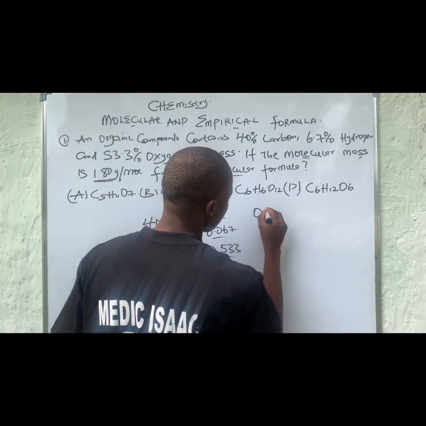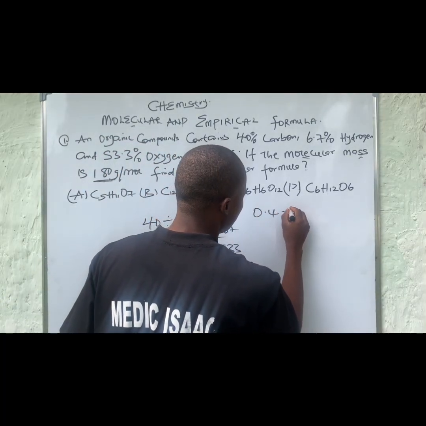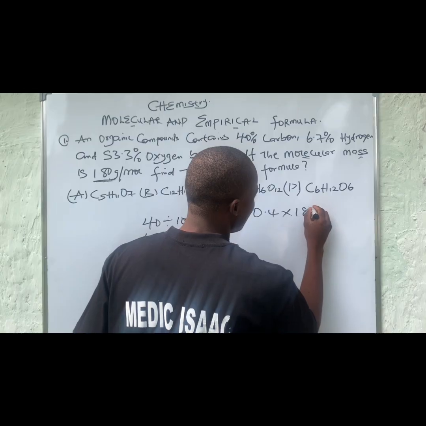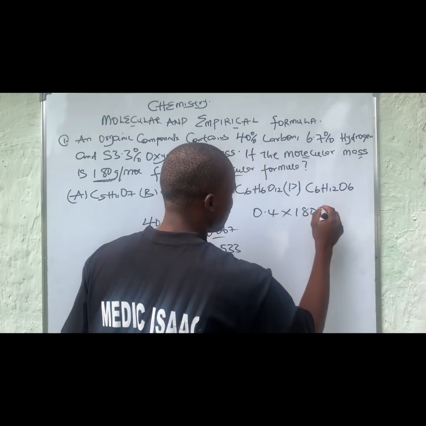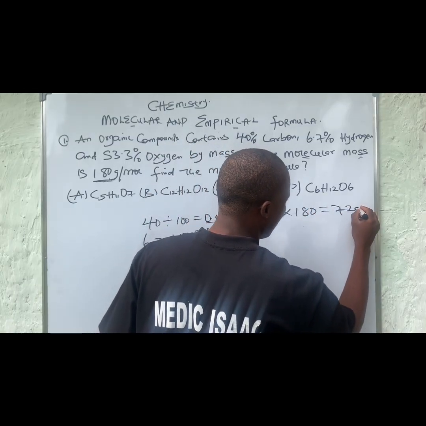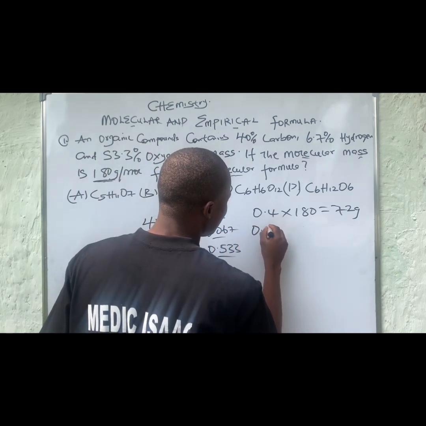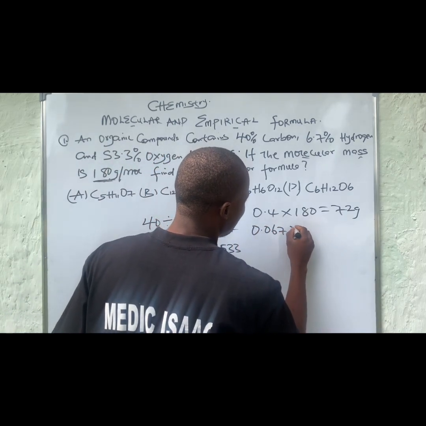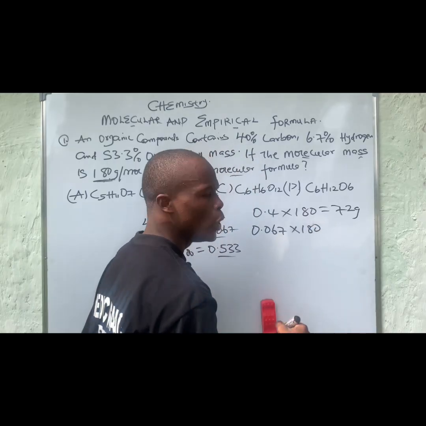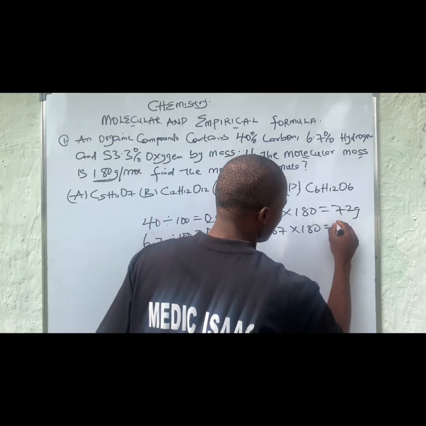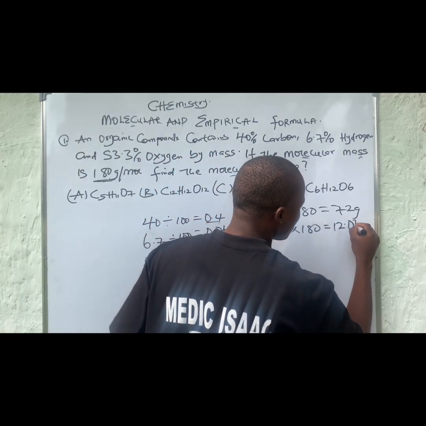How are you going to multiply that? 0.4 multiplied by 180 gives 72 grams. 0.067 multiplied by 180 gives 12.06 grams.